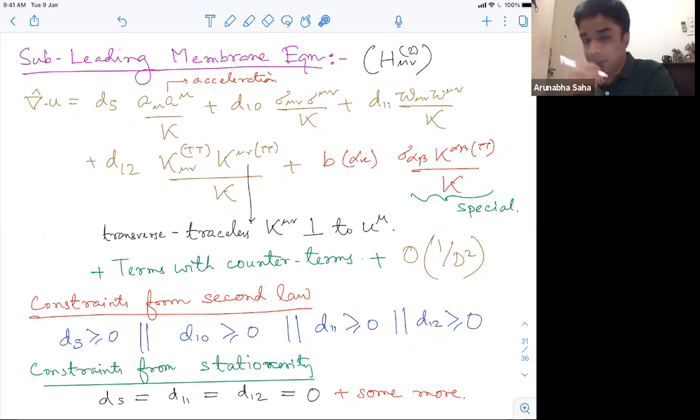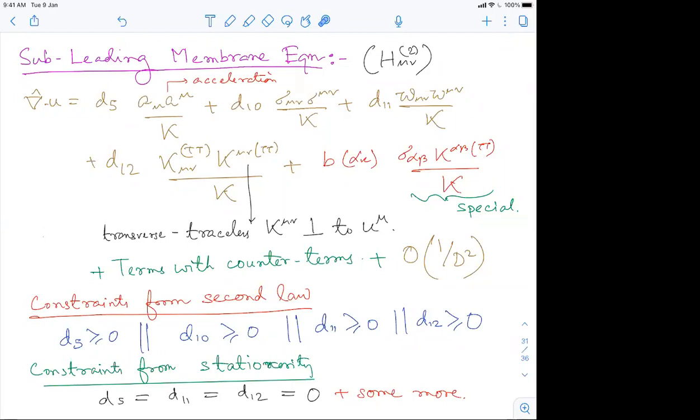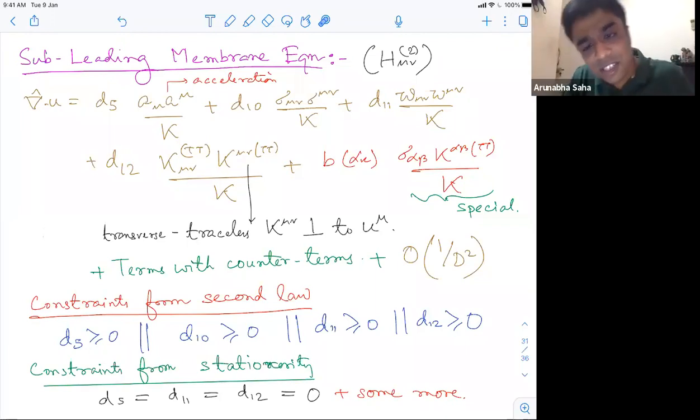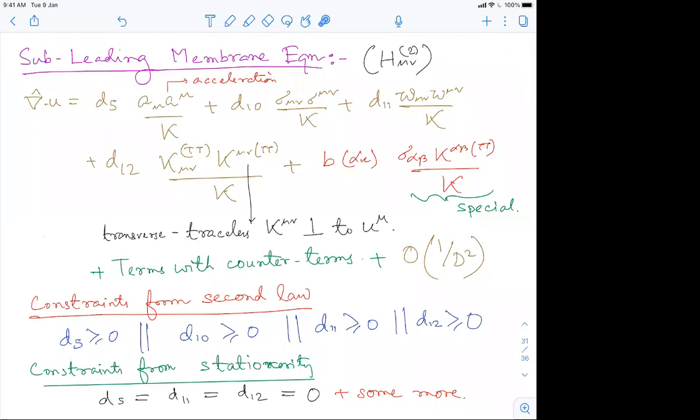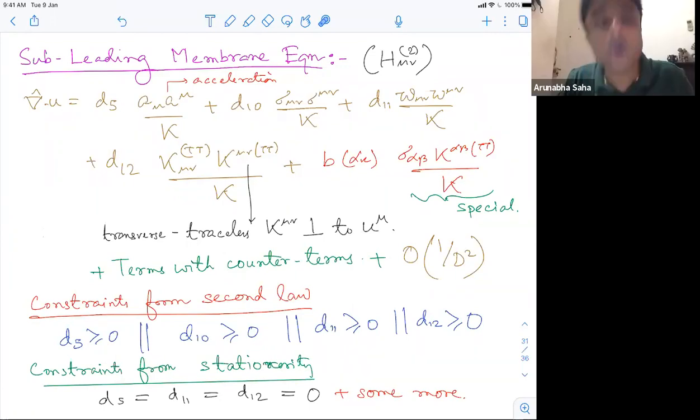Sorry, the derivative of the B functions are related to this mu by equations of motion, right, or not? Sorry, say it. The leading order equation of motion will relate mu to the derivative of the B function, or not? So what is mu? Mu? Oh, yes.